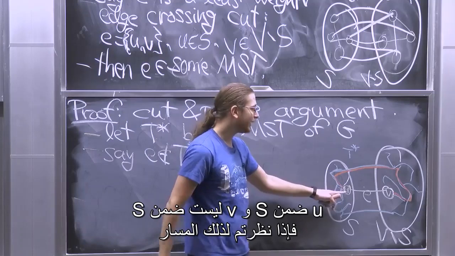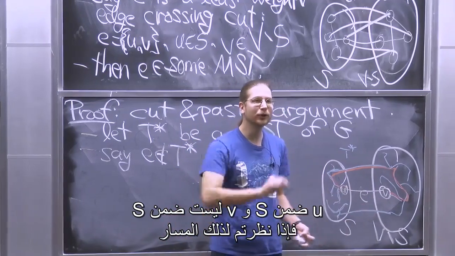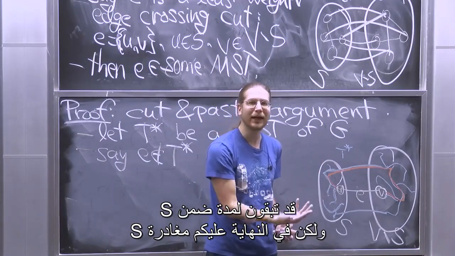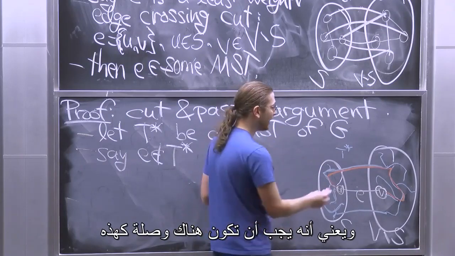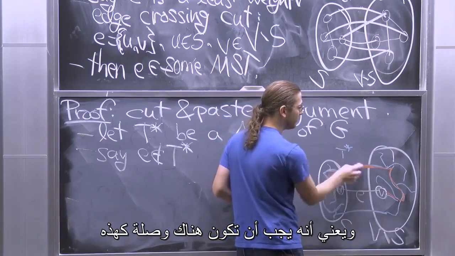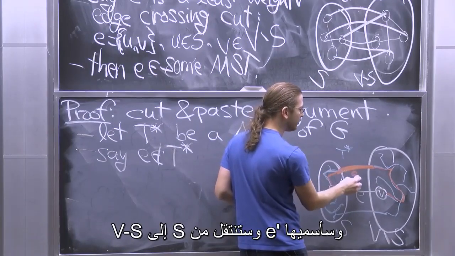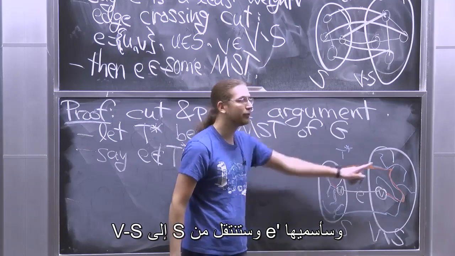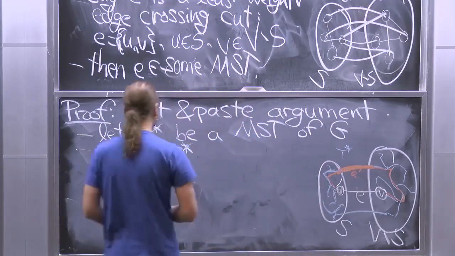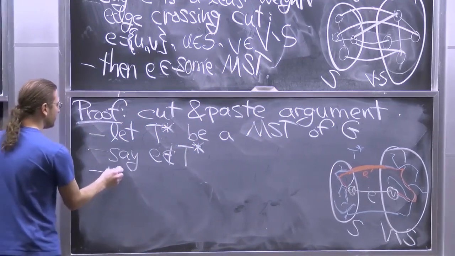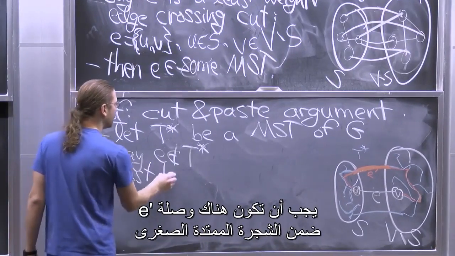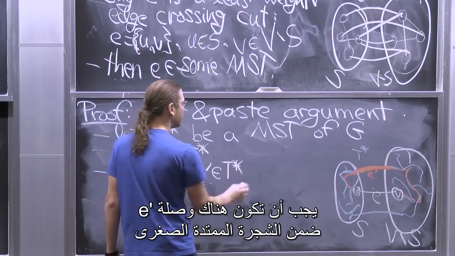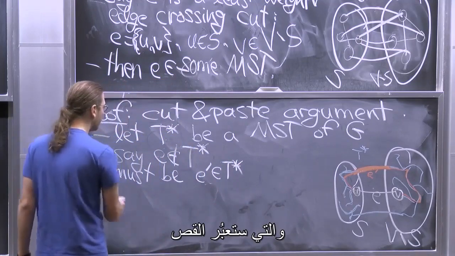And now U is in S, V is not in S. So if you look at that path, for a while you might stay in S, but eventually you have to leave S, which means there has to be an edge like this one, which I'll call E prime, which transitions from S to V minus S. So there must be an edge E prime in the minimum spanning tree that crosses the cut.